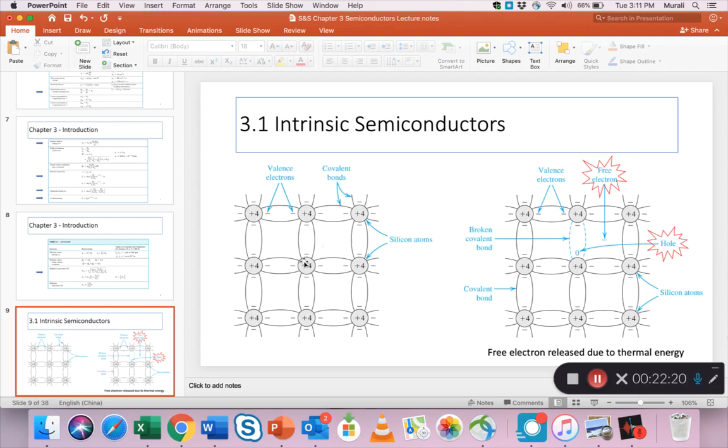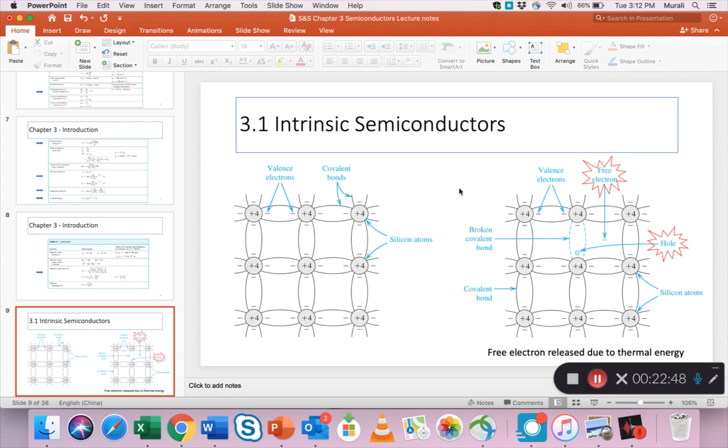So this atom is connected to 1, 2, 3, 4, and that connection to the neighboring atom is the bond. There are valence electrons: there are 4 protons within the nucleus, and there are 4 electrons outside. These 4 electrons outside the atom are called the valence electrons.